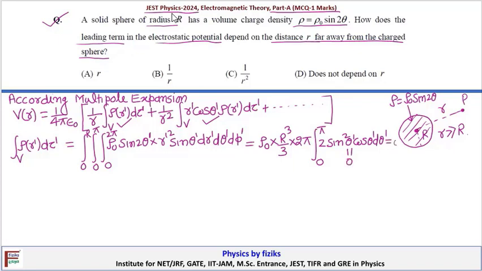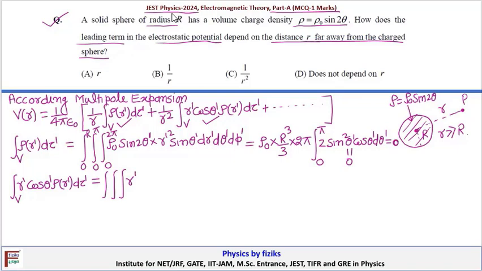So the first term will be 0. Now we have to check the second term. The second term is again a volume integral of r dash cos theta dash times rho of r dash d tau dash. So this will be a triple integral.